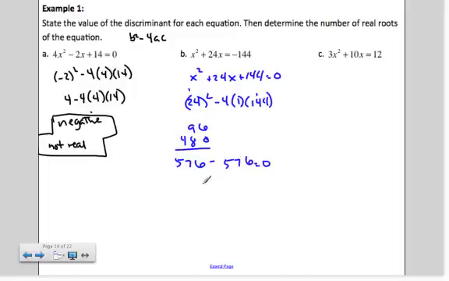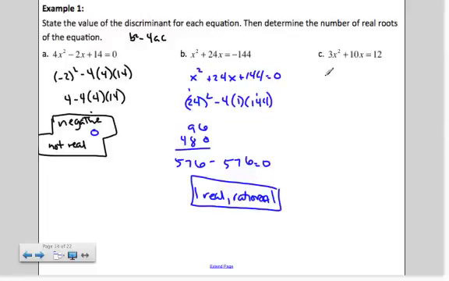So this is 576 minus 576, which is 0. So there is one real rational solution. And I would factor by special patterns for that one.